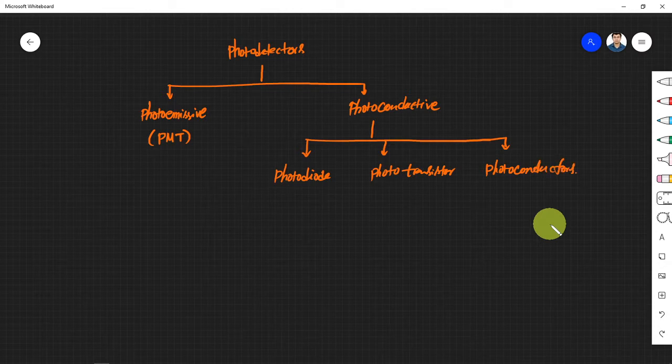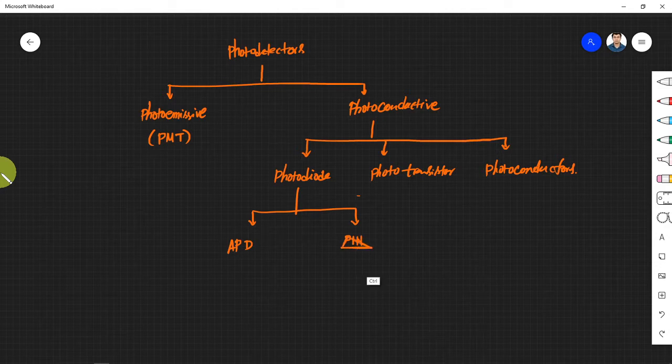Let me briefly tell about each. Photodiode, as the name suggests, is again a PN junction diode. They are popularly divided into two types you will see in the market if you want to buy a photodiode. One is the APD, the avalanche photodiode, and then we have one more type called the PIN photodiode. We'll discuss the PIN photodiode.